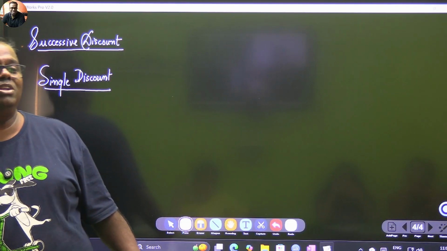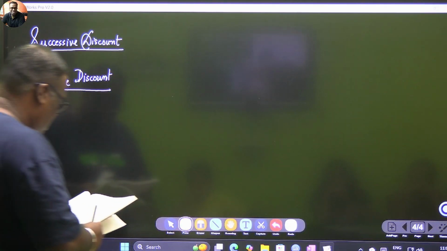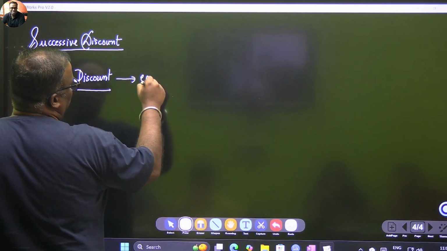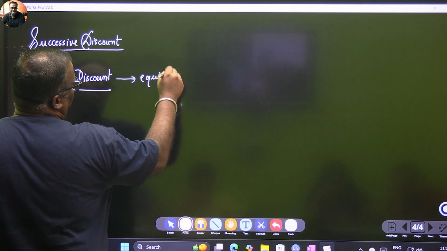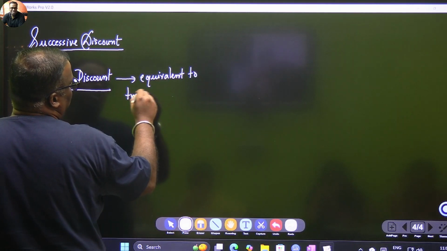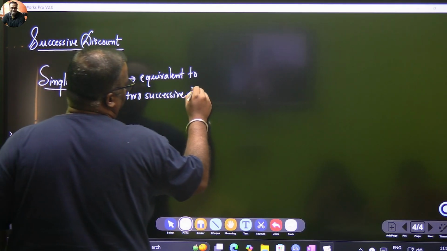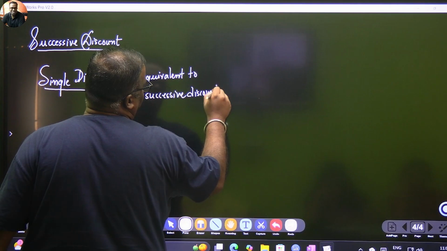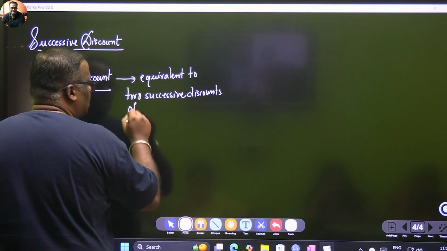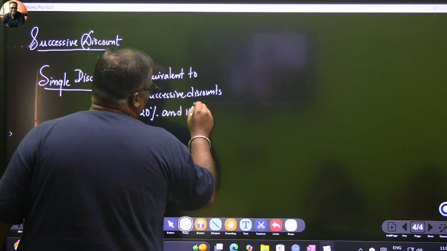Now you have to calculate what? Single discount. Calculate the single discount equivalent, a single discount that is equivalent to two successive discounts of 20% and 10%.